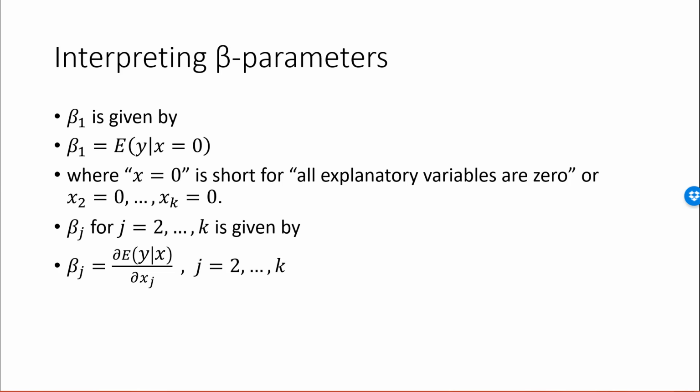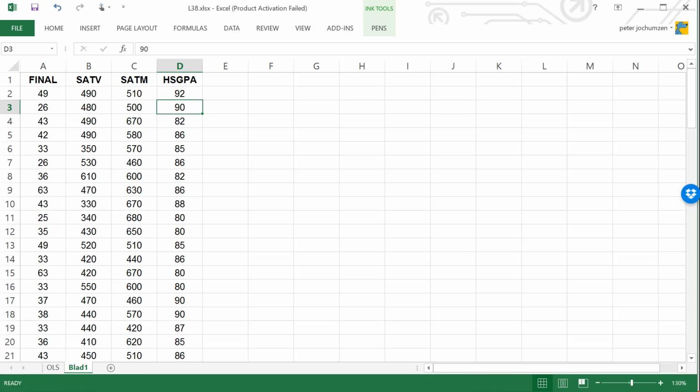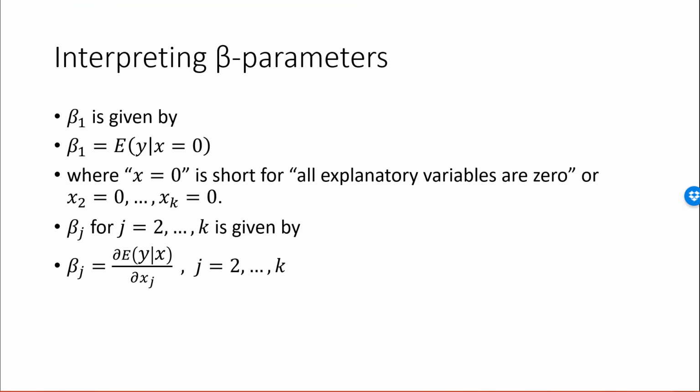Well, let's, for example, think about beta 2. Beta 2 is connected to x2, that is to SATV. So the interpretation of beta 2 is as follows. If you increase SATV by 1 unit, what would you expect the final result to increase by? That's beta 2. Beta 3, if you increase SATM by 1 unit, what would you expect the final exam to increase by? And beta 4 is related to the GPA in precisely the same way.